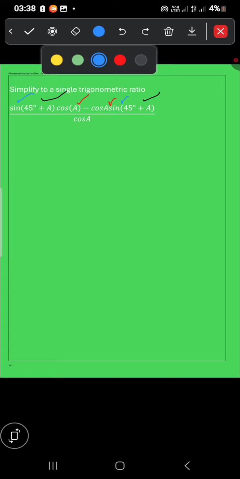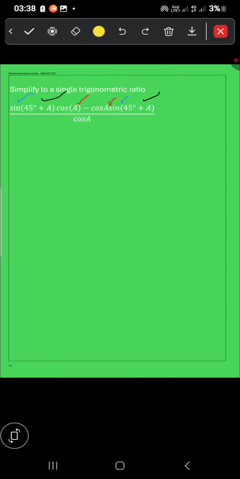So each angle is repeating itself there. Every angle is repeating itself and every trig ratio is repeating itself. So that's a clue that I can go back to compound angle identity.